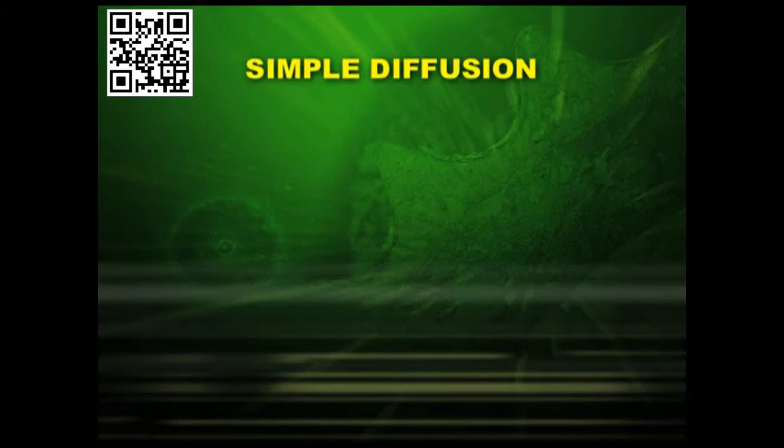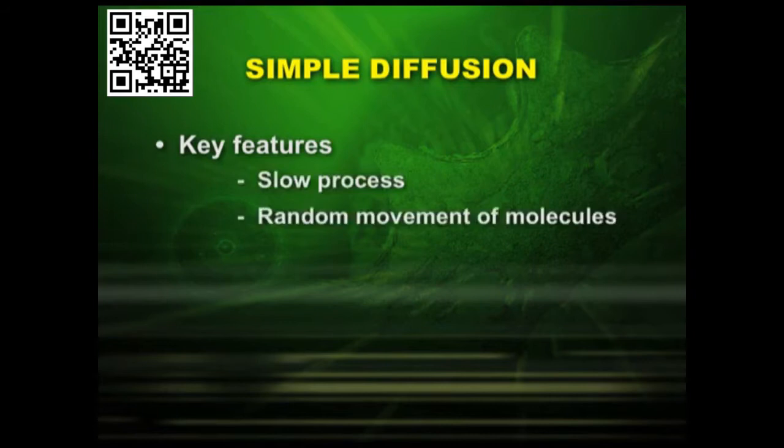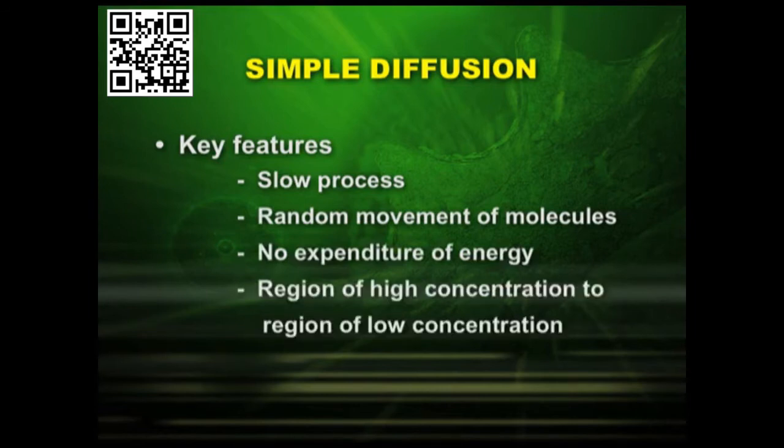In simple diffusion, the key features are, number one, a slow process. There is a random movement of molecules, no expenditure of energy, and the water moves from a region of high concentration to a region of low concentration. Now, this can be explained with the help of a very well known demonstration.